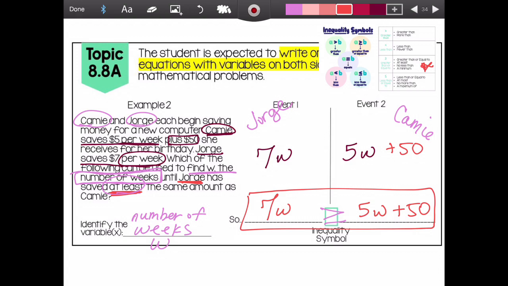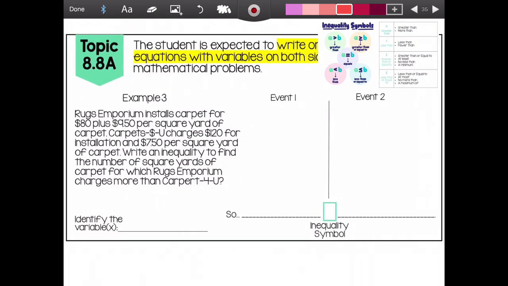Again, here we put George on the left side because it was saying that George has saved at least the same amount as Cammie. So they listed George first and Cammie second in the question. So that way I didn't have to rewrite it like number 1. All right, one more example.